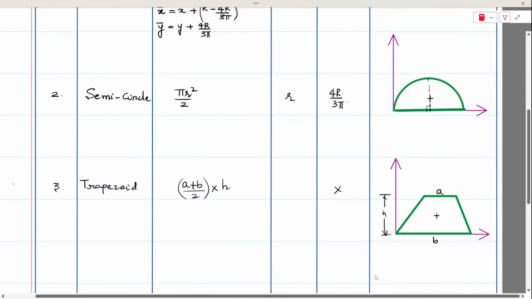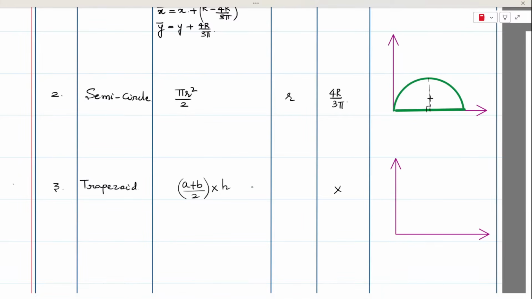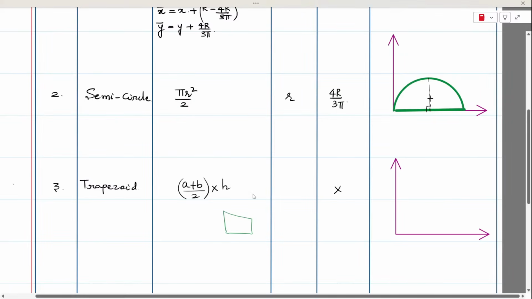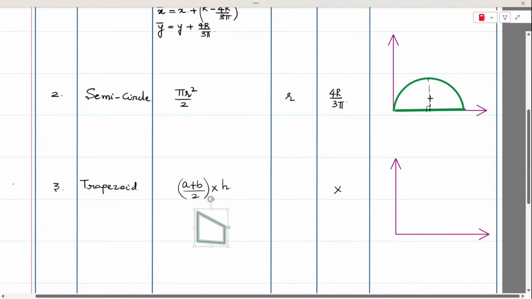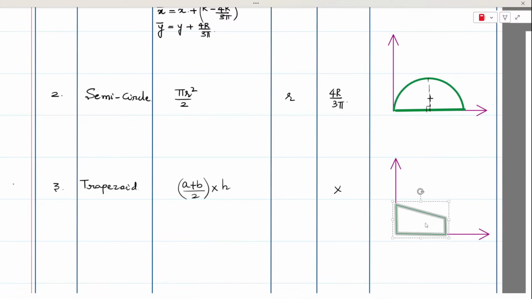Let me just change the orientation of the trapezoid. So let's say this is a trapezoid and its vertex is coincident with the origin.